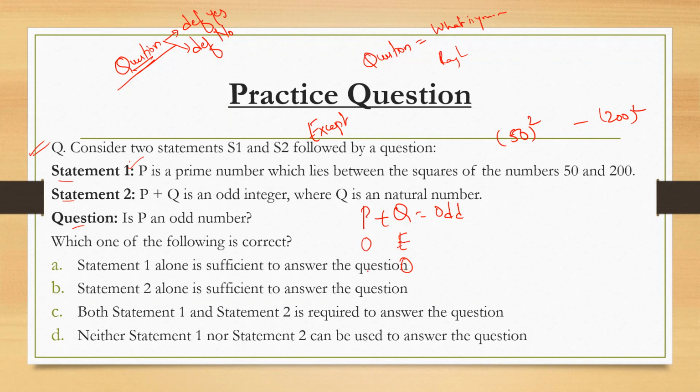When Q is odd, then P has to be even. Then only the summation of them will give an odd number. So in the second scenario, we are not getting a definite answer for P. It could be odd or even. So that is the reason statement 2 does not answer my question. So statement 1 alone is sufficient.